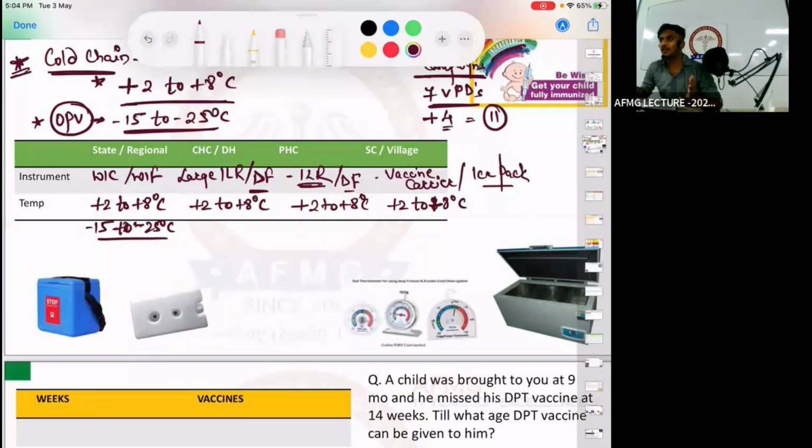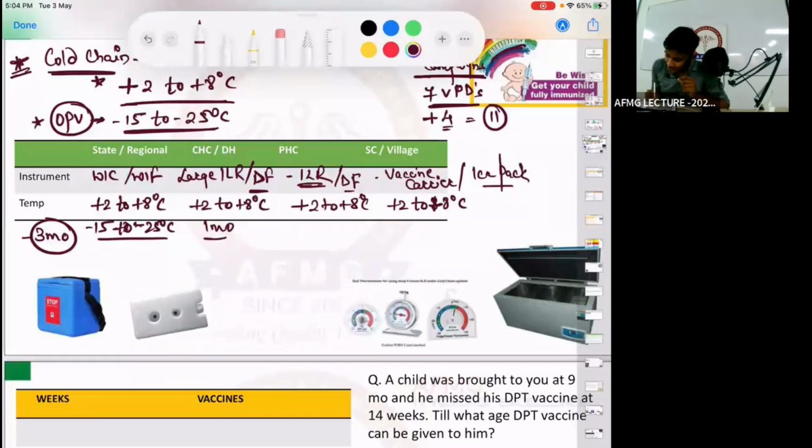So how does it differ? It differs on the duration of vaccine storage. Okay? So at state or regional level, vaccines can be stored up to 3 months. At CSC or district hospitals, vaccines can be stored up to 1 month.